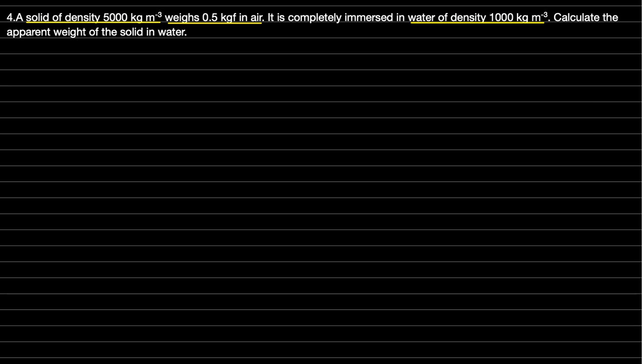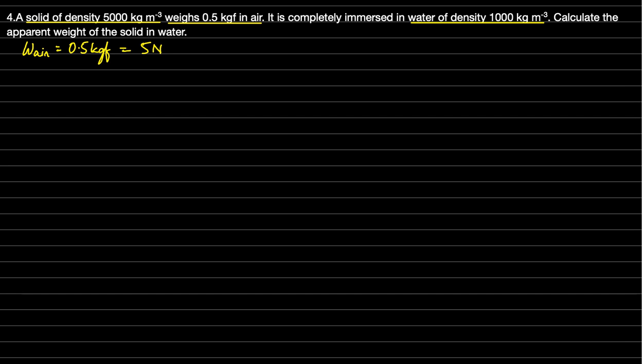So we need to find the apparent weight of the solid in water. Apparent weight is equal to true weight minus upthrust. So for this we need to find the weight. The weight is already given, but it is given in kgf. So I would write weight in air is equal to 0.5 kgf. When we convert kgf to newtons, we multiply by 10 and we get 5 newtons.